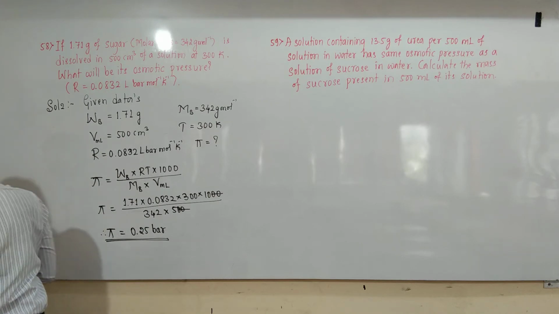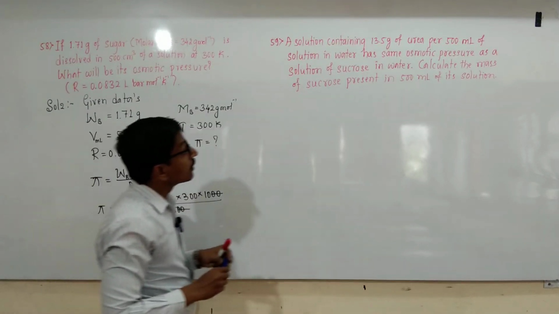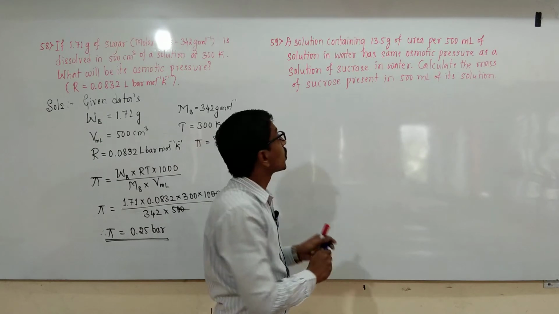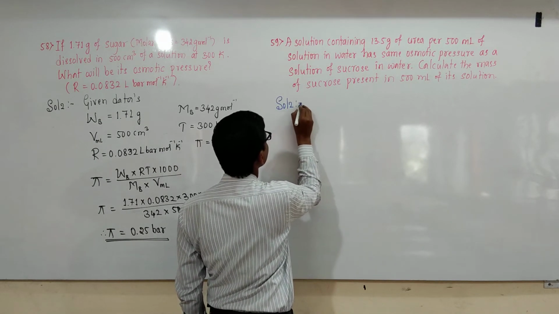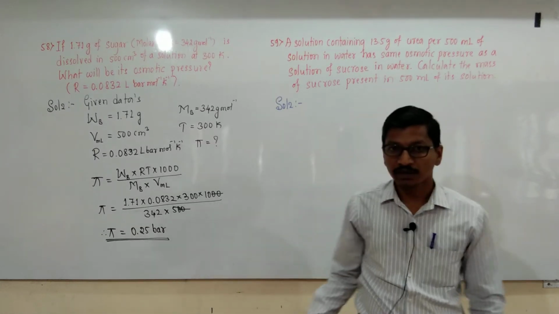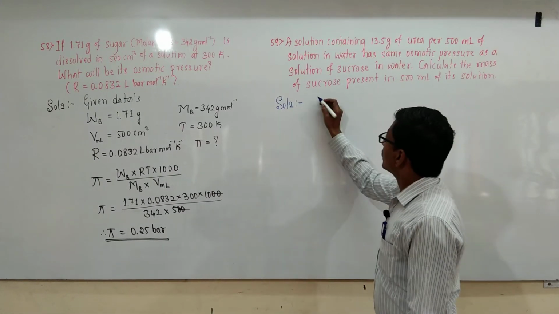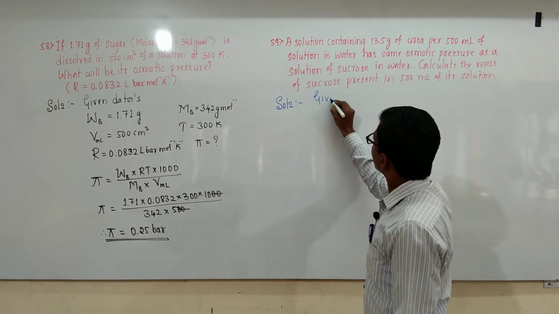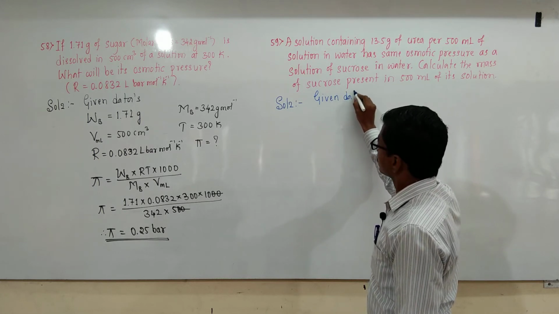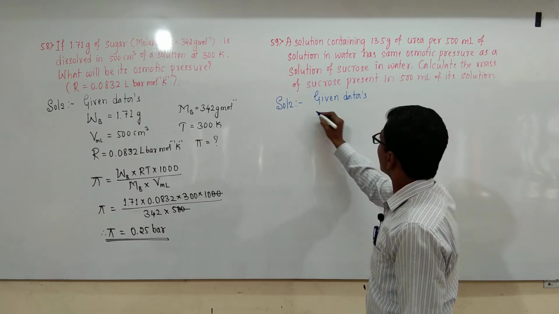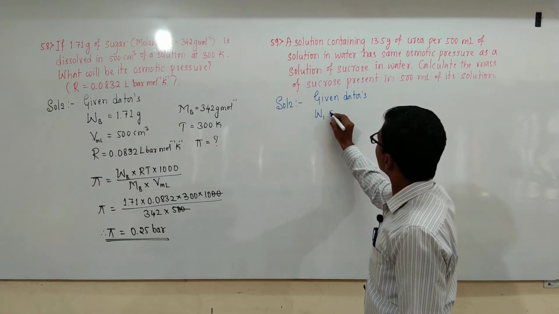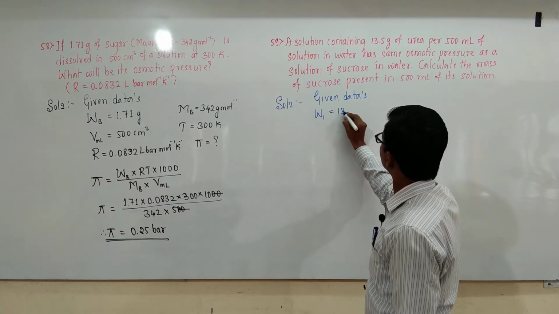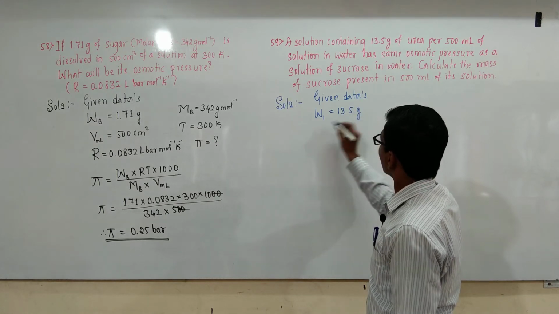In this solution, this is based on isotonic solution. In osmotic pressure, this problem is based on the isotonic solution concept. Here, what are the given data? Given data are W1 is 13.5 gram.